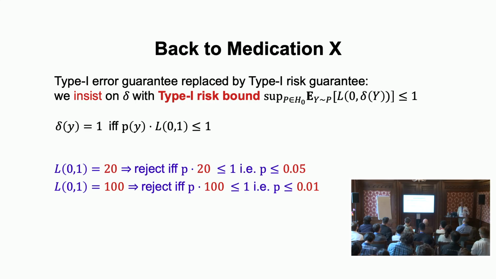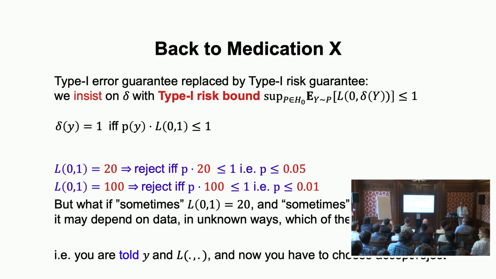Now, if you try this approach, I reject if the p-value times the loss is smaller than 1, it goes wrong. Let's say, for example, your loss could either be 20 or 100. If it's 20, then you would reject if the p-value is smaller than 0.05. If it's 100, you reject if it's smaller than 0.01.